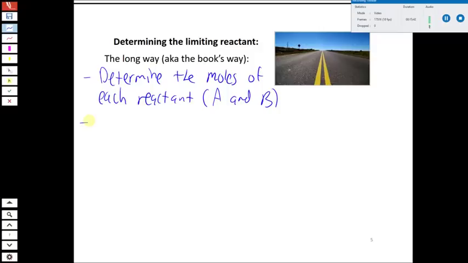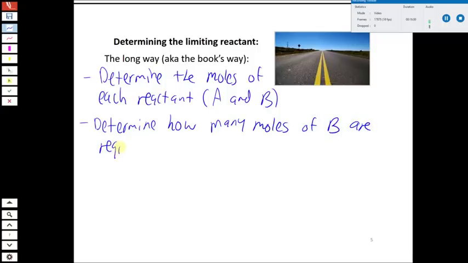So we say, well, okay, let's determine how many moles of B are required to react with that many moles of A. So you're going to do basically a stoichiometry calculation using mole ratios like we would before.